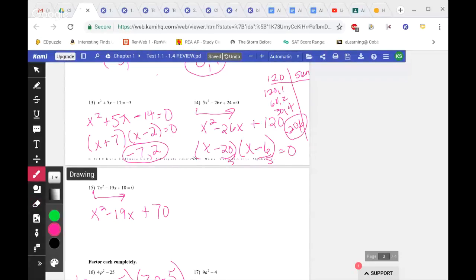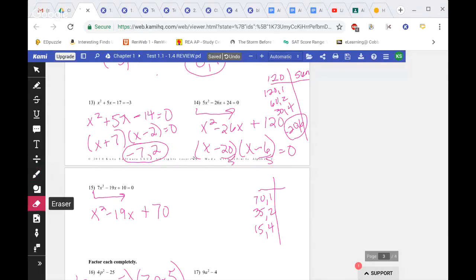So I'm going to start with my factors of 70, and I know this is how you like it. I've got 70 and 1, 35 and 2, and 15 and 4. So there's our answer, right? No, that's not it. 15 and 4 is 60.